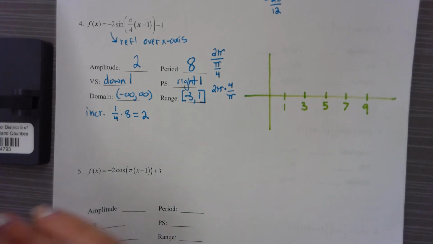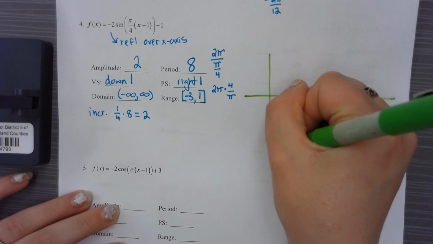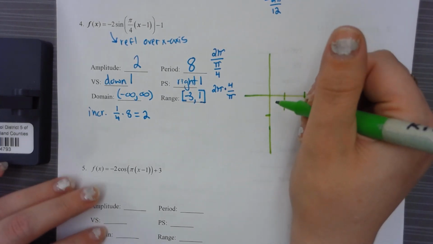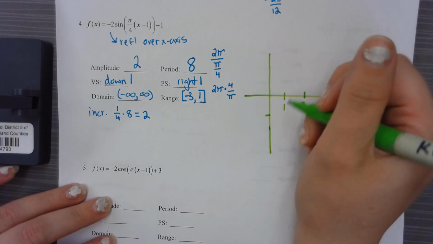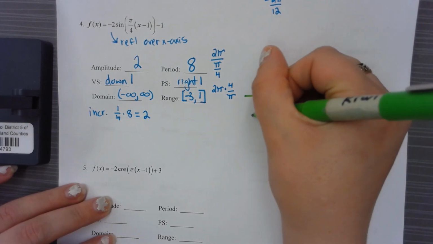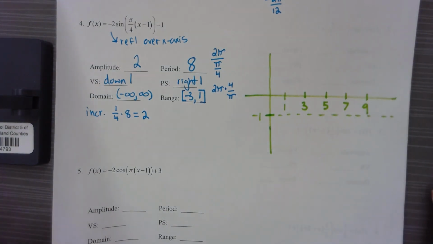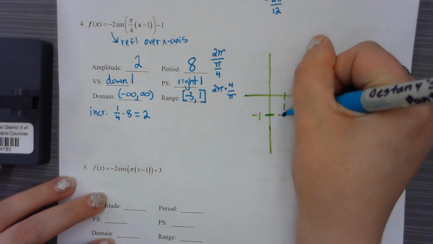Okay? And I'm shifting down 1, right? So that means at negative 1, that's where my reference line is. Do we understand that? Okay. Where do sine graphs usually start? At 0, but I'm shifting down 1, so where should it start? Negative 1.